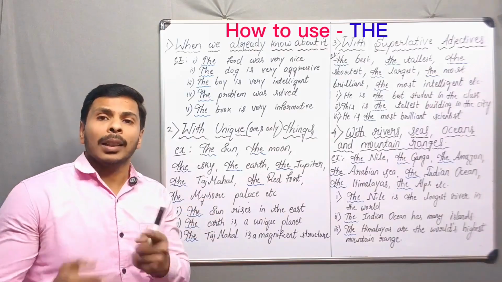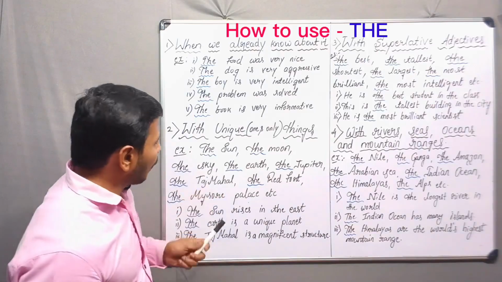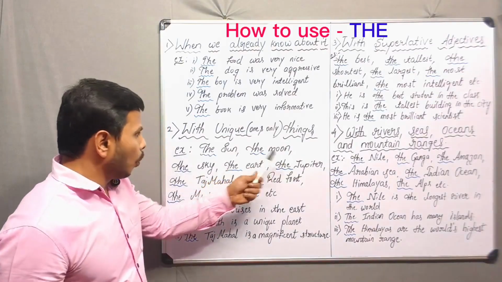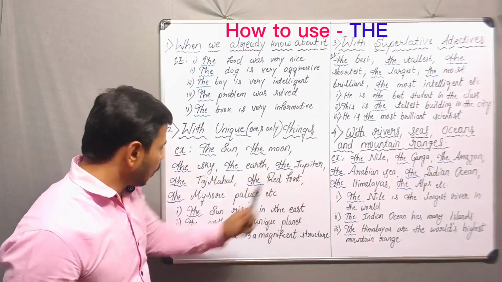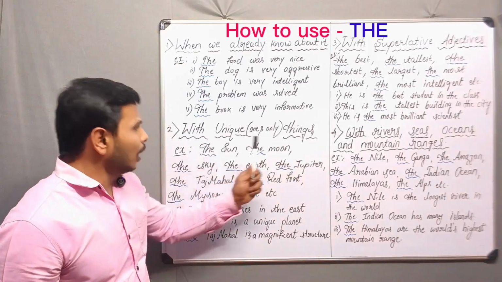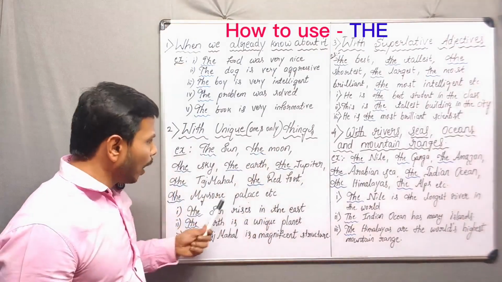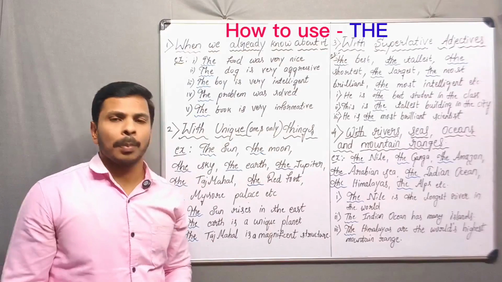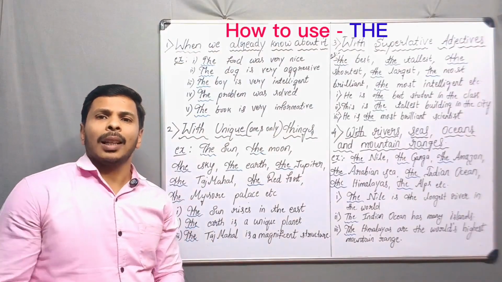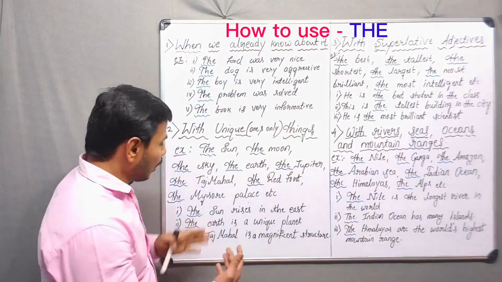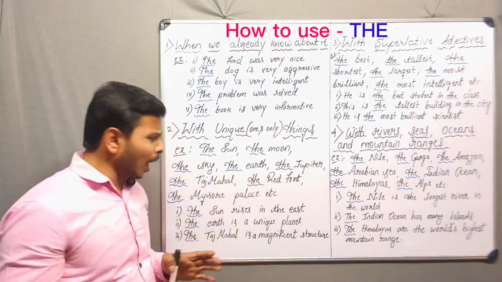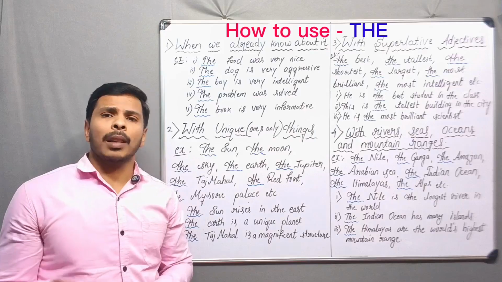We don't have another kind of these things. For example, there is only one sun, one moon, one earth, one Jupiter. So that's why the sun, the moon, the sky, the earth, the Jupiter, the Taj Mahal, the Red Fort, the Mysore Palace, because there is no other of this kind. You can tell me that there are different palaces, but Mysore Palace, there is only one.